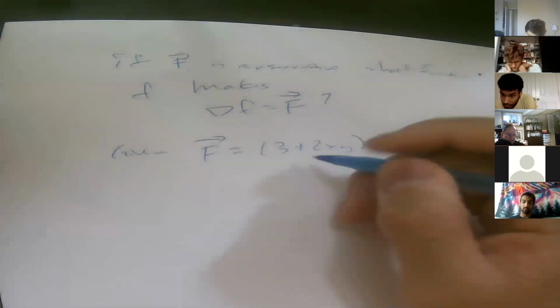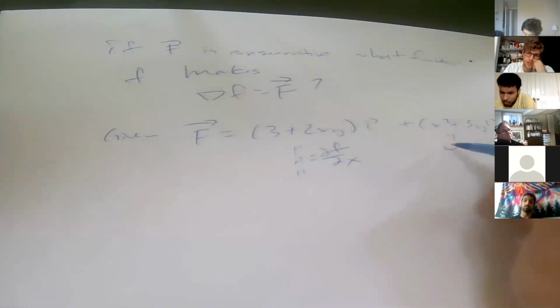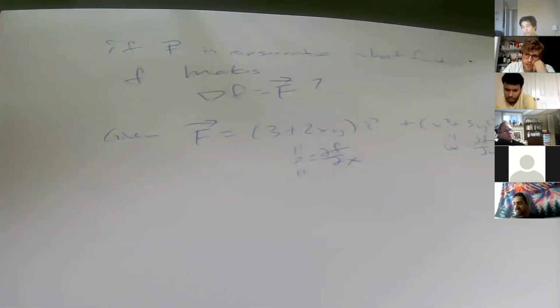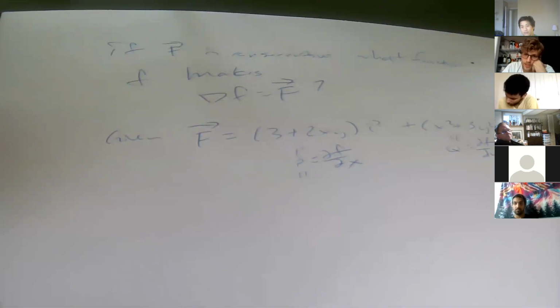So this is P, which is also df dx, and this is Q, which is df dy. If we take the integral of P and Q, will that give us F? Yeah, it's not rocket science. If this is the derivative, you should just take the integral.